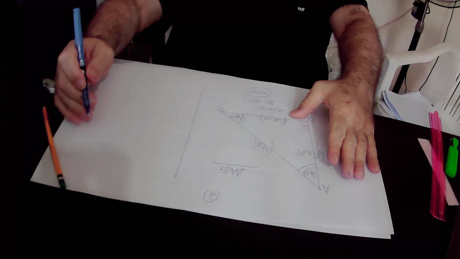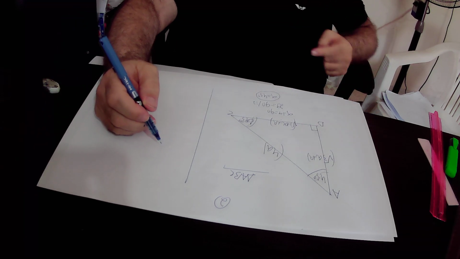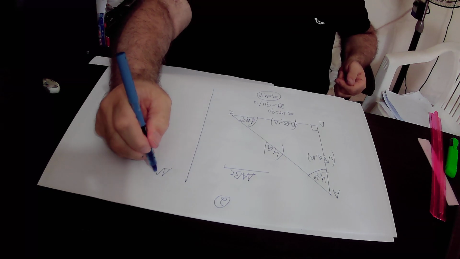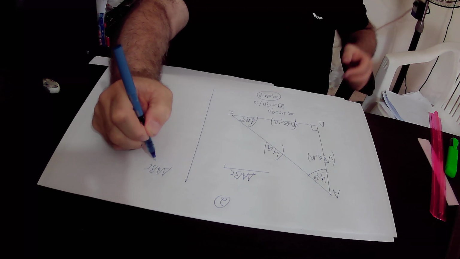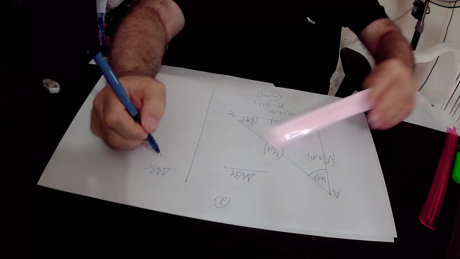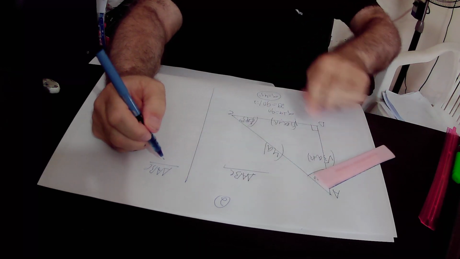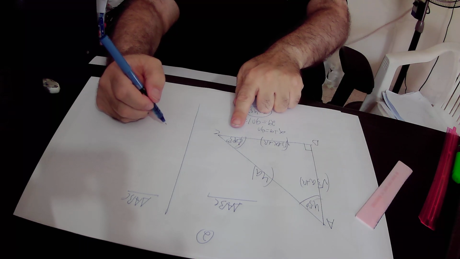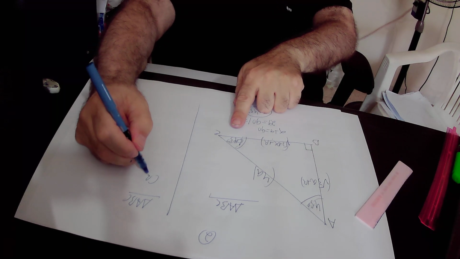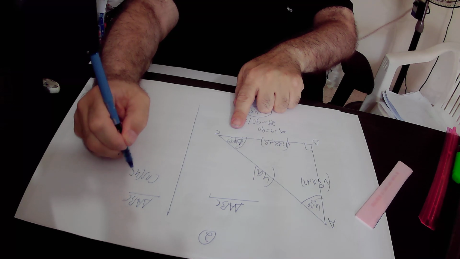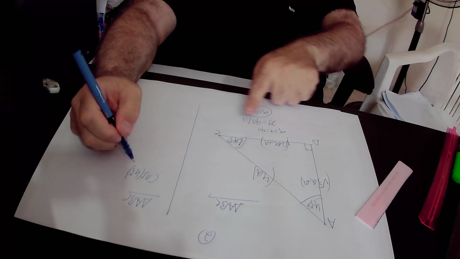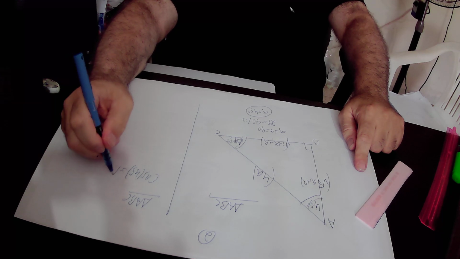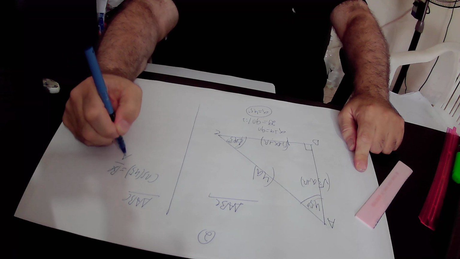So we'll continue to focus on the right triangle ABC. In the right triangle ABC, if we focus on this angle, it's very easy to see that cosine 45 degrees is equal to BC over AC.